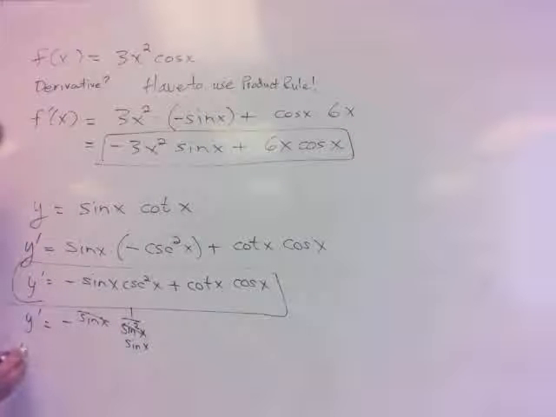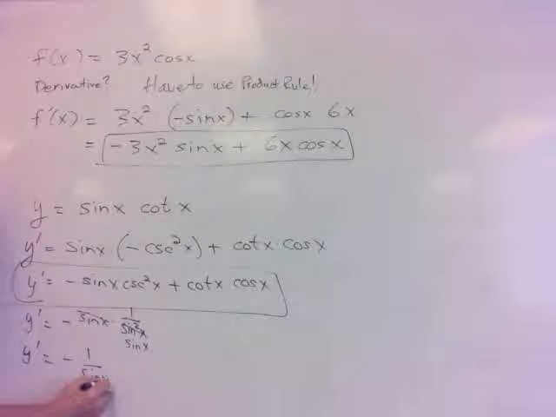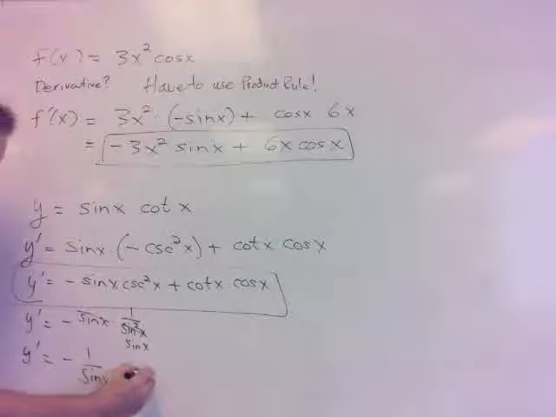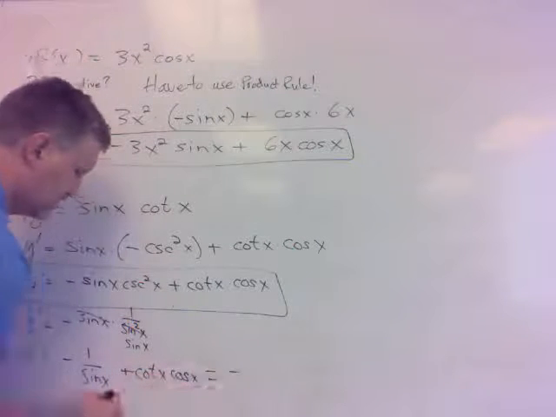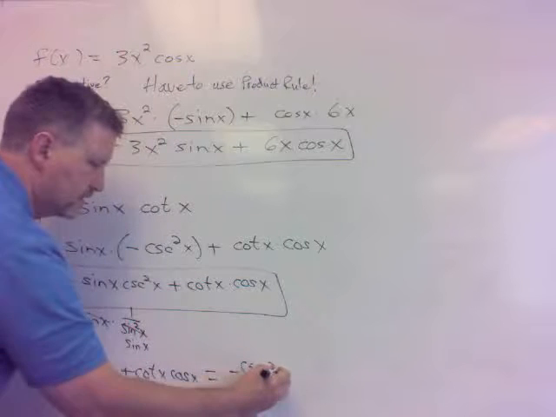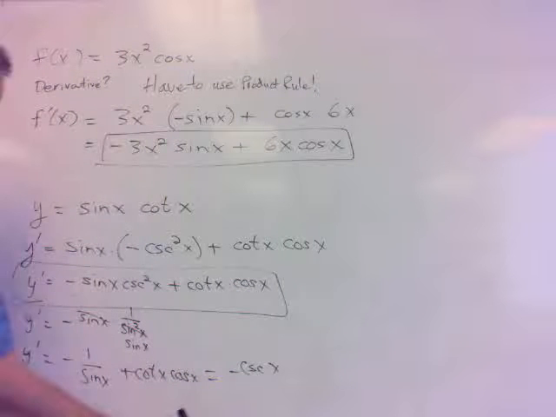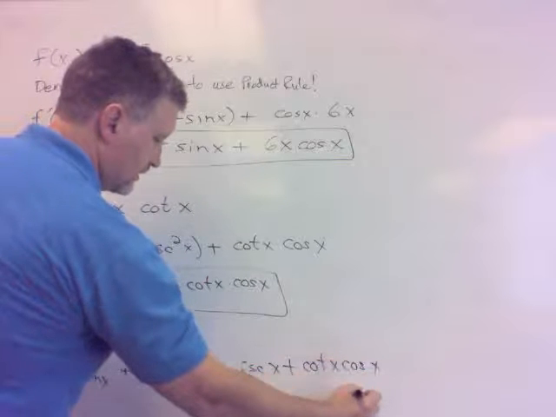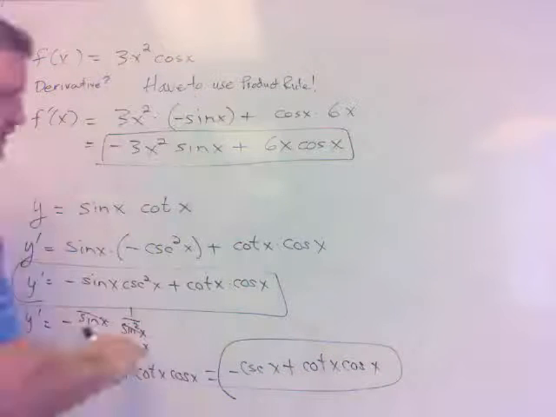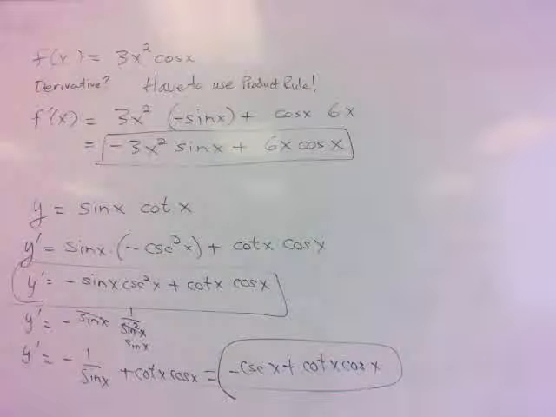You wind up here, this first one's minus 1 over sine of x, plus cotangent x, cosine x, which you can write as minus the cosecant x, plus cotangent cosine. So you can look for those trig function cancellation things. All right?